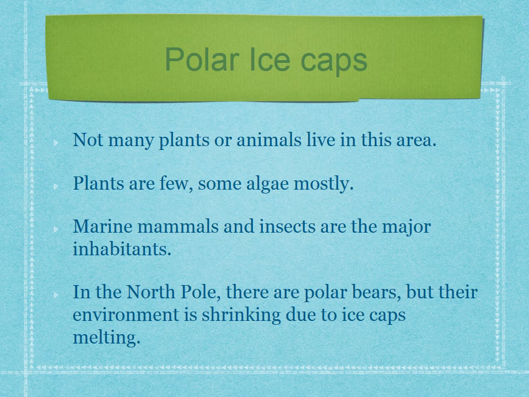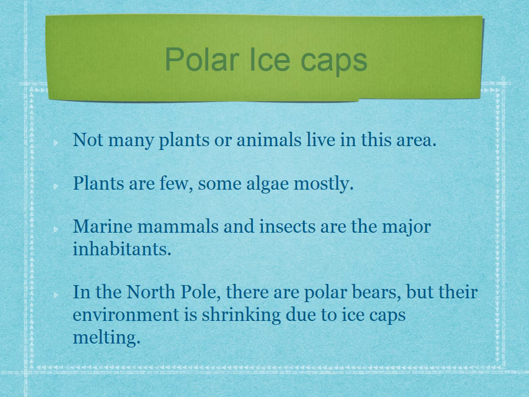We also see polar ice caps, which we've talked a little bit about already. And we're not going to see a lot of plants or animals living in this area. There are very, very few plants, but when we do see plants, they're mostly algae. Marine animals and insects are the major inhabitants, so that's animals that live in the sea, and also bugs.